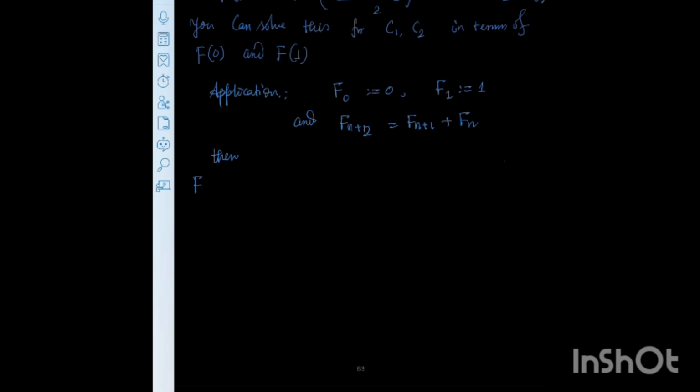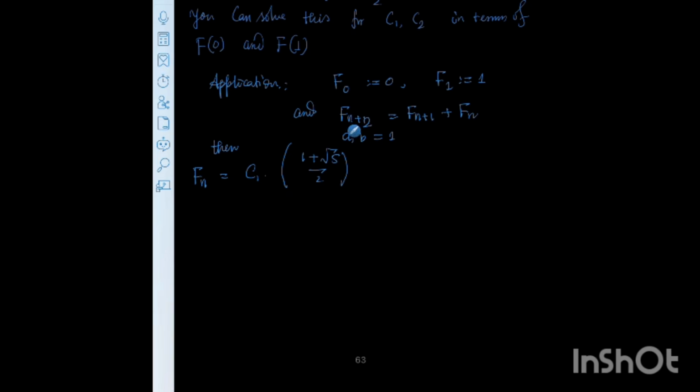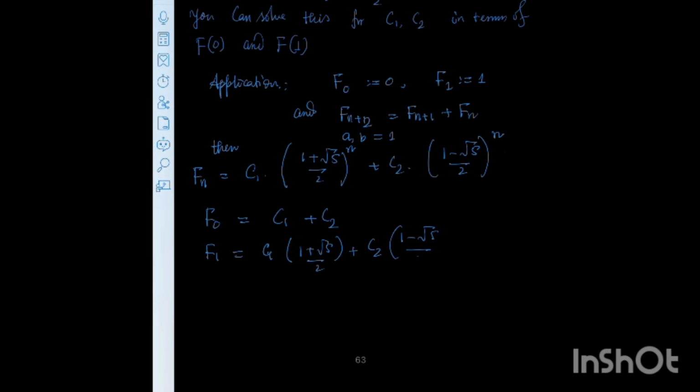The general term f(n) is, as we showed before, with a and b both 1, c1 times ((1 plus root 5) by 2) to the power n plus c2 times ((1 minus root 5) by 2) to the power n. So f0 is, putting n equal to 0, c1 plus c2, and f1 is c1 times (1 plus root 5) by 2 plus c2 times (1 minus root 5) by 2.